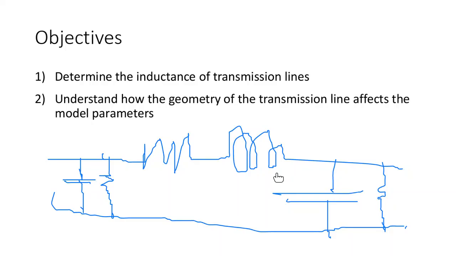Okay. Also because of I X, and also we have reactive power absorption on the transmission line. So that's I square X. We have real power loss, and we have reactive power absorbed by the transmission line.